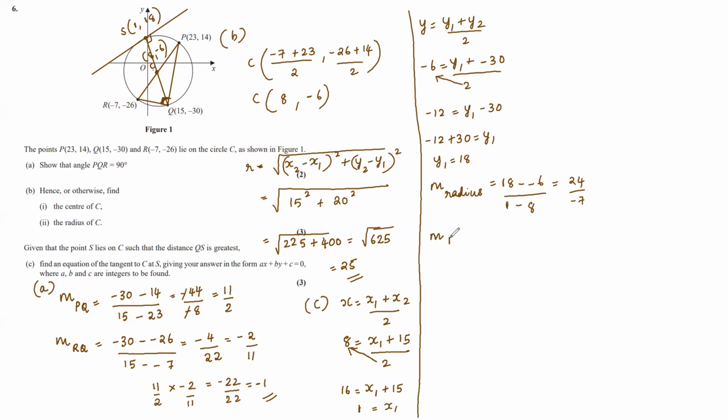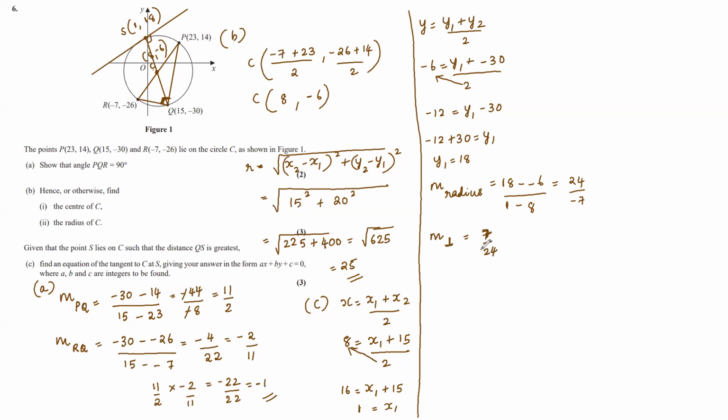So the gradient that is perpendicular to the radius will be the negative reciprocal. Just change the sign. Negative 24 over 7 will become positive 7 over 24.